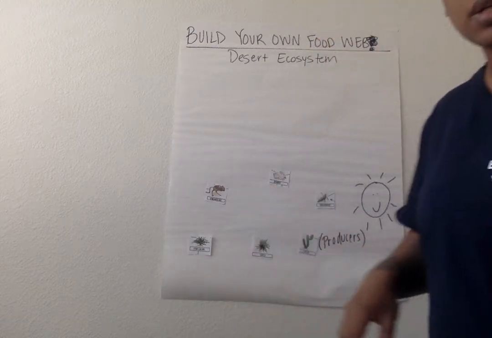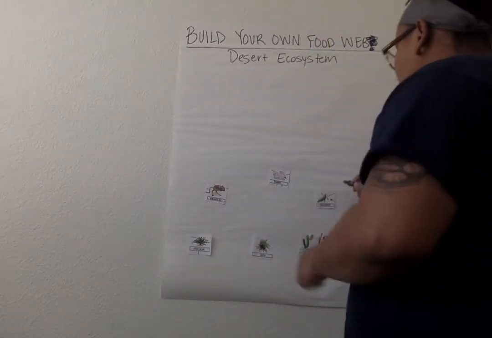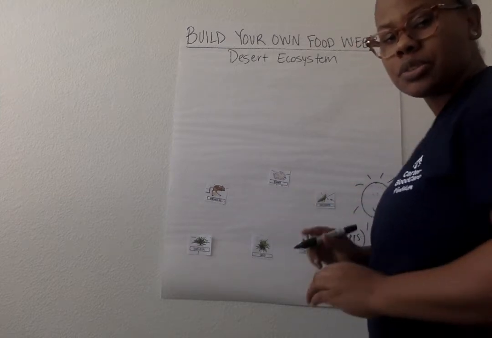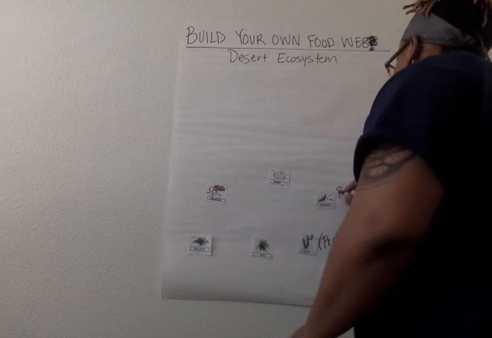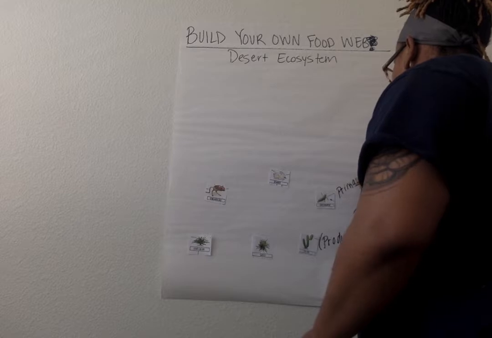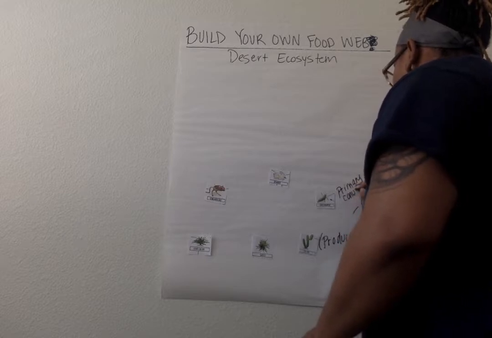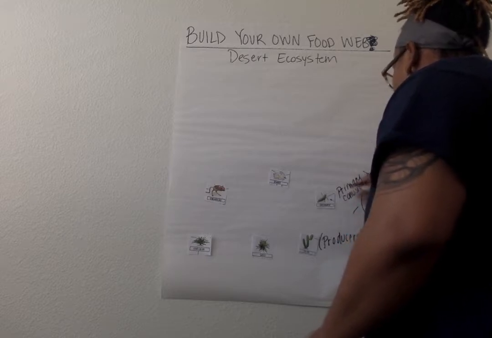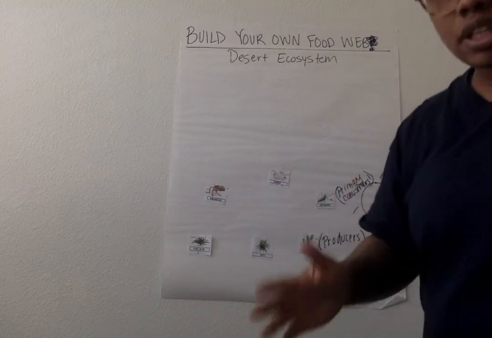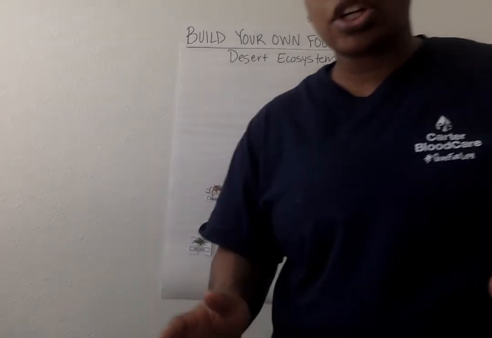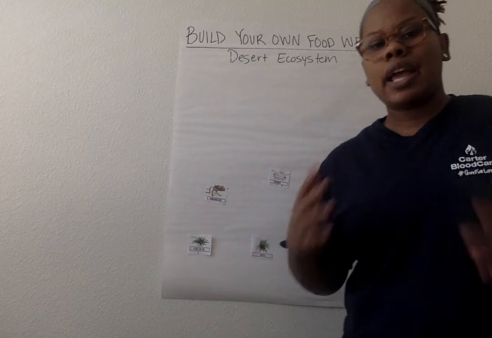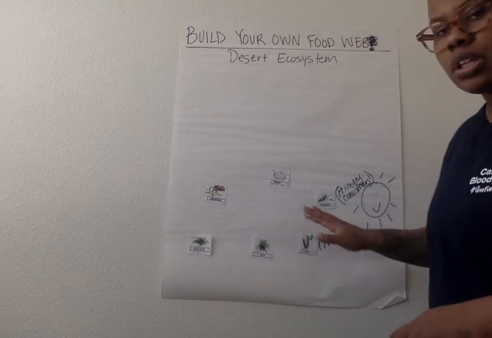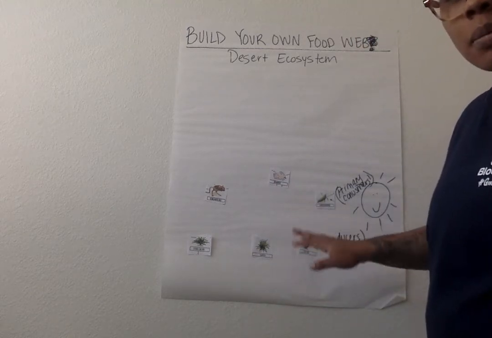And then I'm going to label these primary consumers. Primary consumers. And then we're going to talk about our secondary consumers. So now we're going to think about animals that are going to eat these primary consumers.